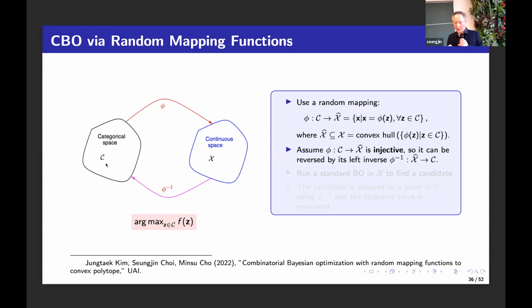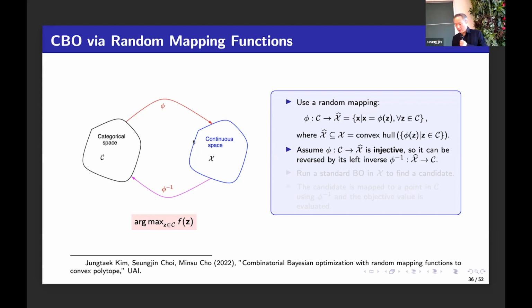What we did is, instead of using an encoder and decoder trained on a bunch of unlabeled data, we would like to use random projections. Maybe we don't have to train the encoder and the decoder. The starting point is that our problem is on the Boolean or categorical space, so X is the categorical variables.